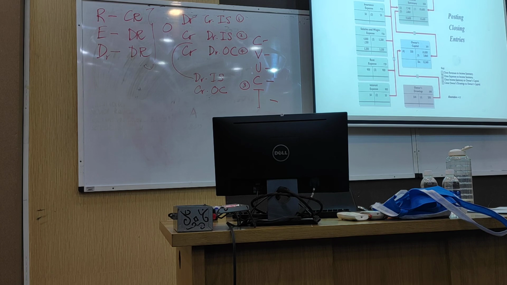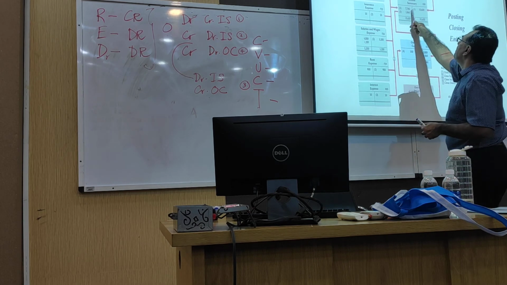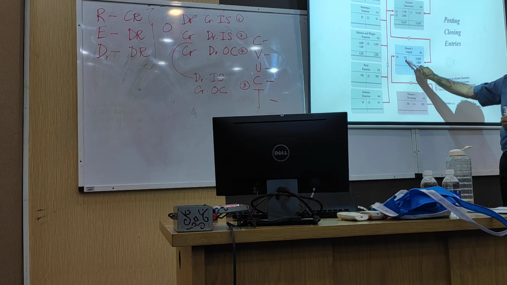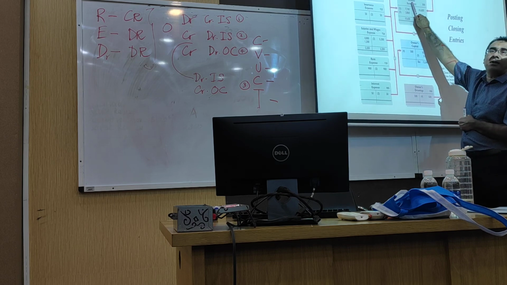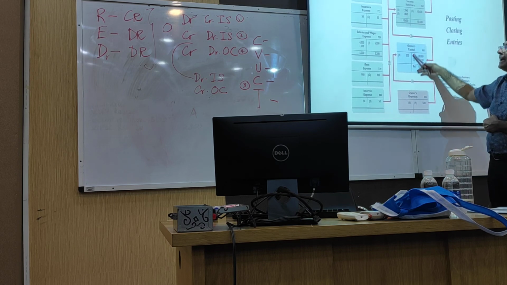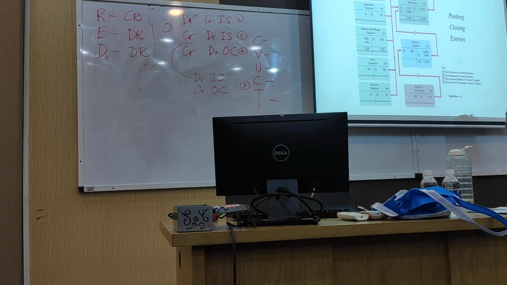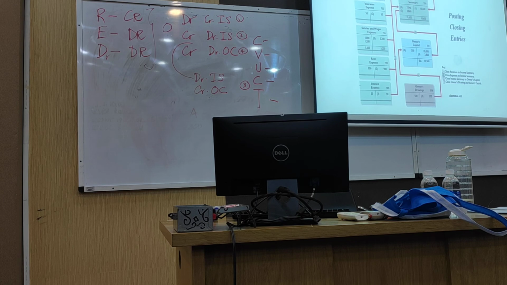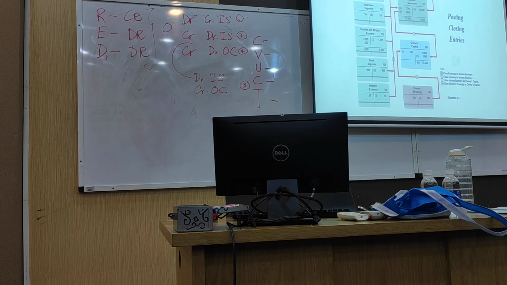Now somebody may ask me, or should ask me, a very intelligent question. Why do I need to go and put it here? I can straight away put it all in here. Am I right? I don't need to have this extra account. I just transfer everything to owner's capital. The simple answer is you can do that, but most accounting systems are designed to follow this way.